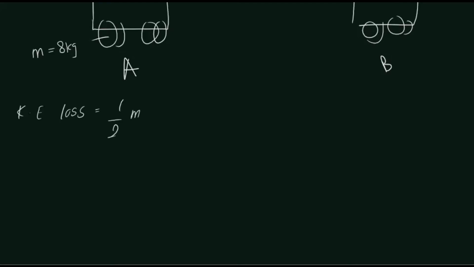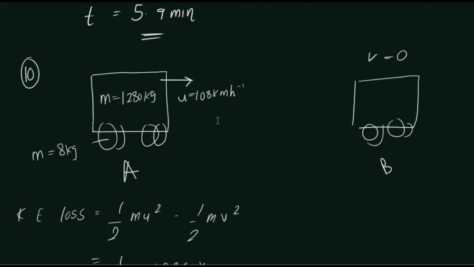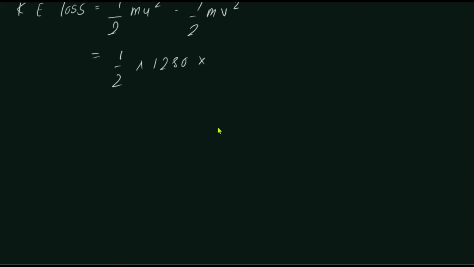Kinetic energy loss is half m u squared minus half m v squared. What is the mass? 1280, the mass of the vehicle. The initial speed is 108 kilometers per hour, which in meters per second is going to be 30 meters per second, so we use 30 squared.